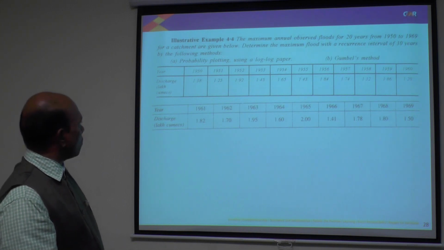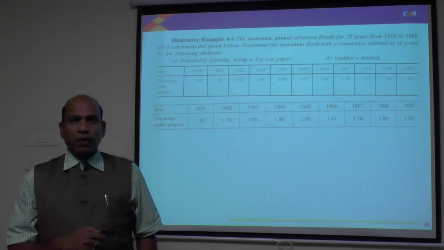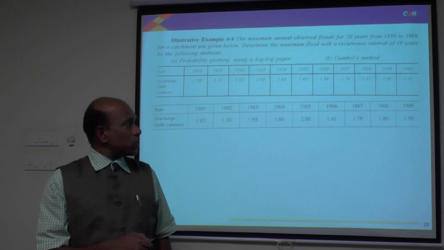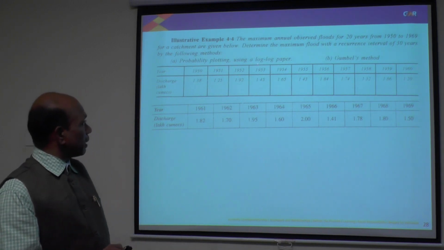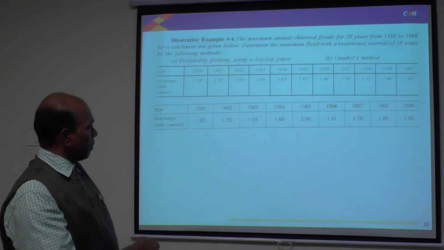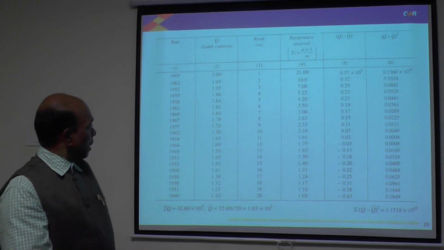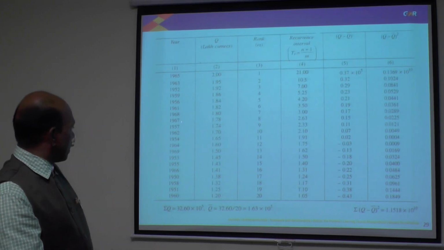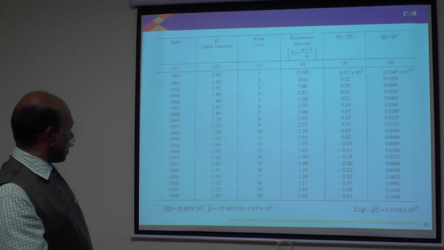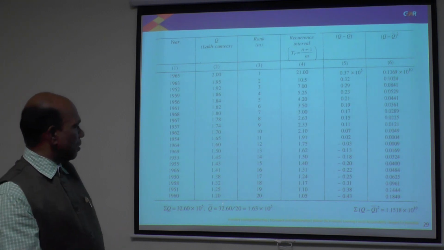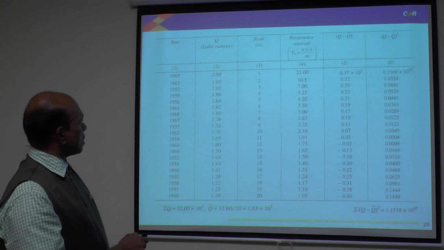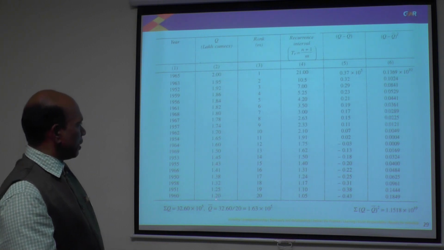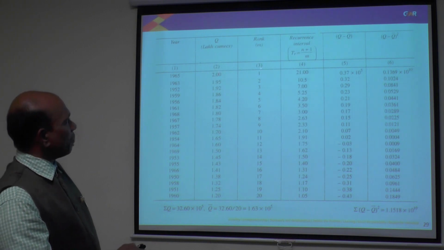So how are we going to determine the peak discharge using the probability plotting method? This data will be arranged in such a way that these are the year wise discharges. The discharges should be arranged like this: the peak discharge is put at the top, and the rest are gradually in decreasing order. For the peak discharge, the rank is given 1.